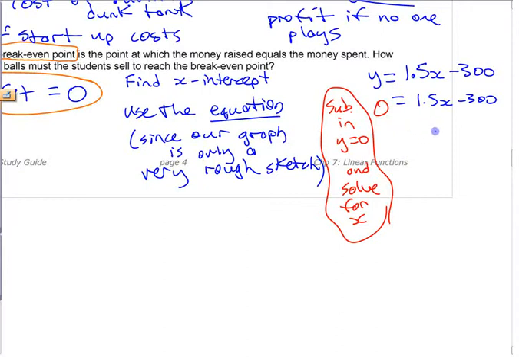But what would be your first move here? Getting the x by itself? Yeah, add 300 to both sides. You're going to end up with 300 equals 1.5x. And then divide both sides by 1.5. If you divide both sides by 1.5, you get something like 200, I think.